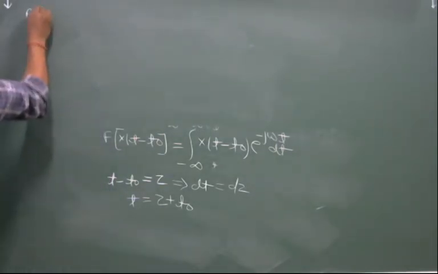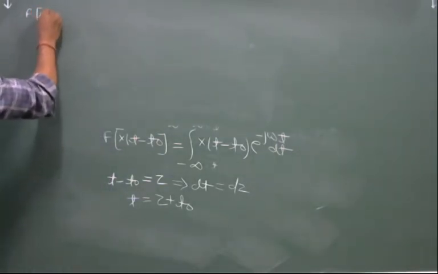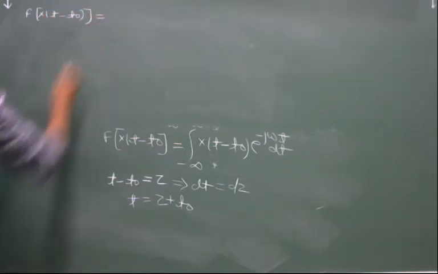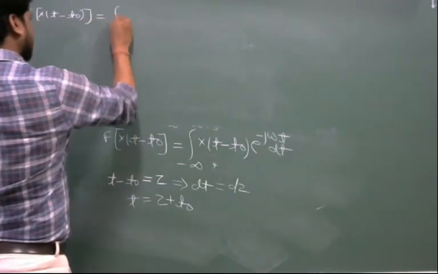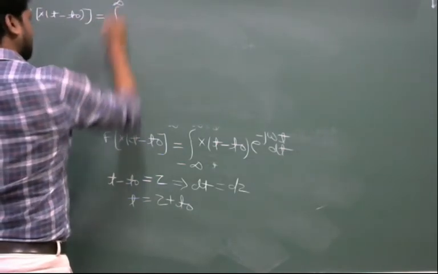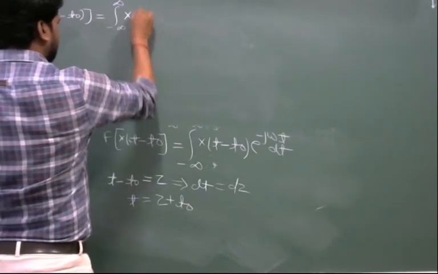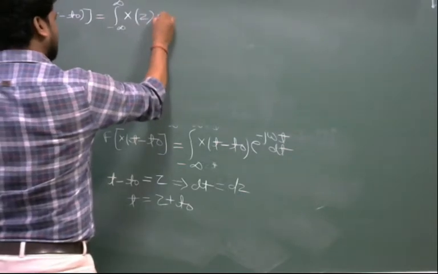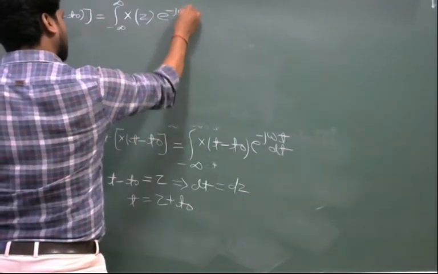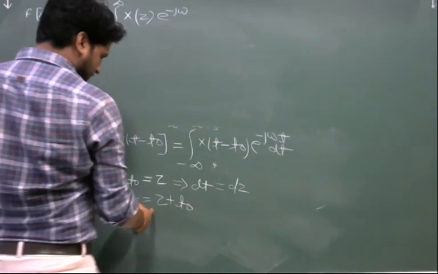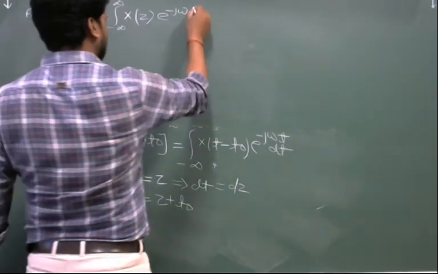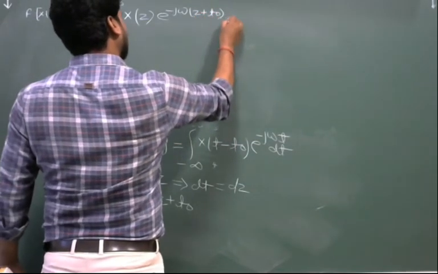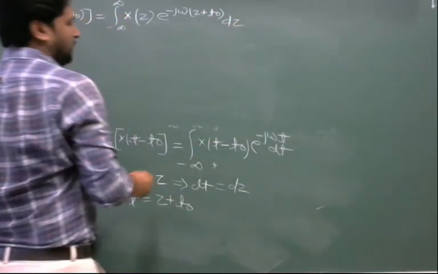Then the Fourier transform of x(t minus t naught) will become integration from minus infinity to plus infinity x, and in place of t minus t naught I will put z here, e power minus j omega, in place of t this will become z plus t naught, j omega into z plus t naught, and in place of dt it will become dz here.